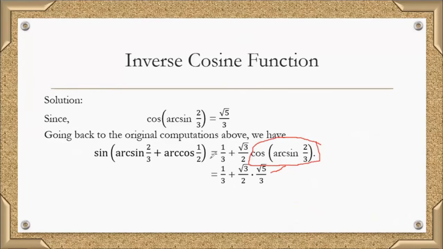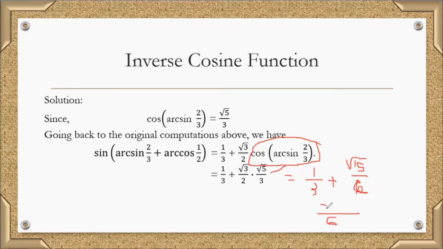So, yung value nito ay the same as square root of 5/3. So, simplify na natin. So, meron na tayo ngayong 1/3 plus, product lang naman yun eh. So, magiging 6. At yung numerator naman ay square root of 15. Okay, so pwede pa natin simplify ito, no? So, pwede siya maging numerator, denominator ang 6.